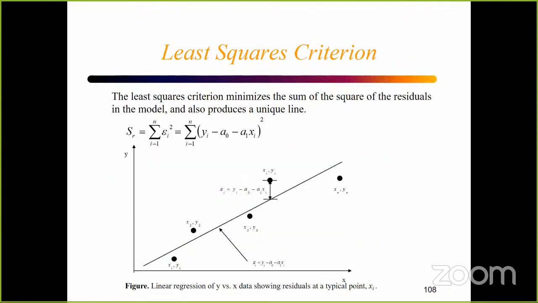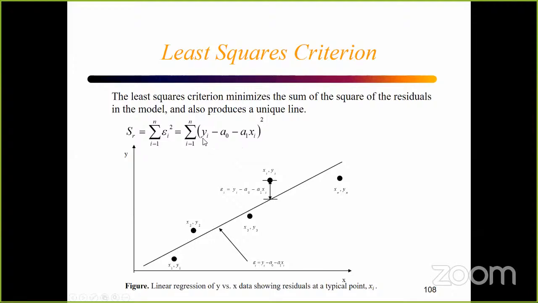The third criterion is the least squares method, which is the actual method we want. The least squares criterion minimizes the sum of the squares of the residuals in the model. Instead of epsilon i, if you take epsilon i square, the sum of the squares, then it is a better tool.